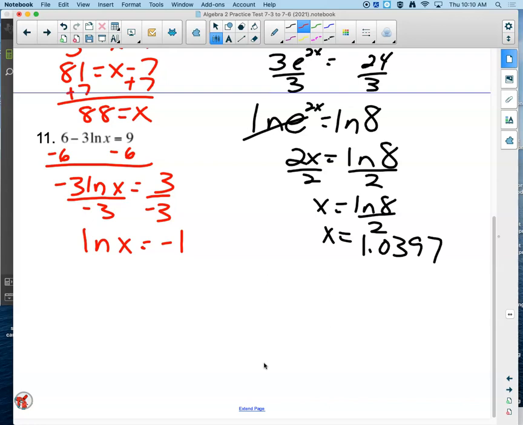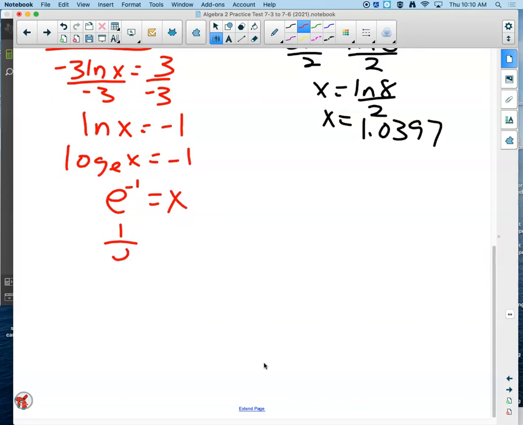Exactly. Snail shell with a base of e. That's the number our calculator is going to kick out for us right there. If you wanted to make an extra step out of it, you could certainly write it as 1 over e, but you don't have to. It's a calculator thing.